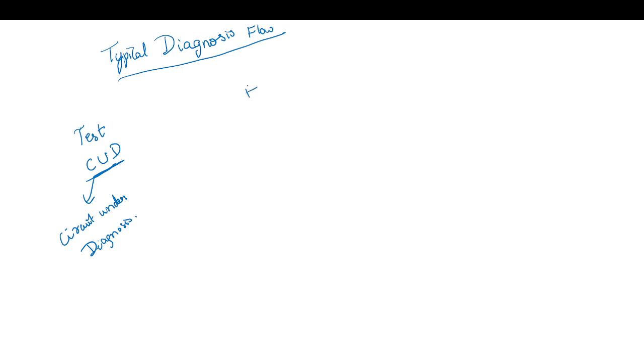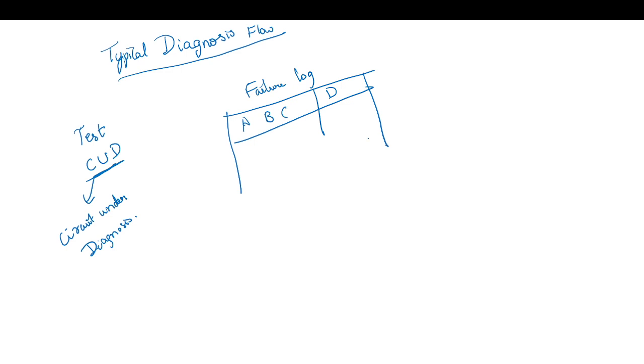So we have a failure log. Say any circuit which has three inputs A, B, C, and the response, say it is D. In this failure log, for this pattern, it is passing and giving output 0.